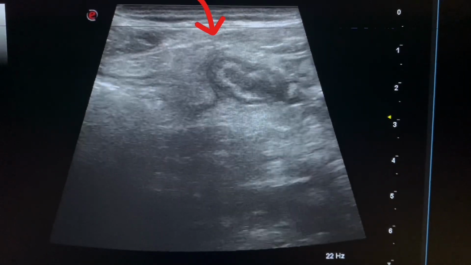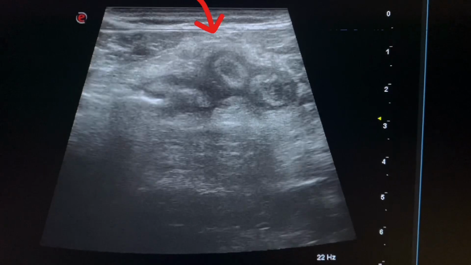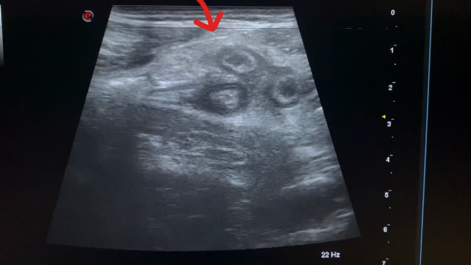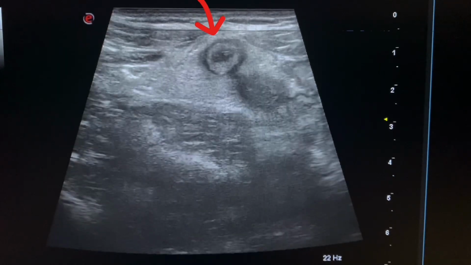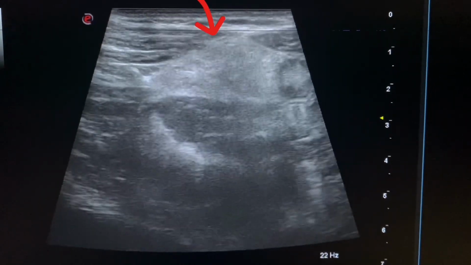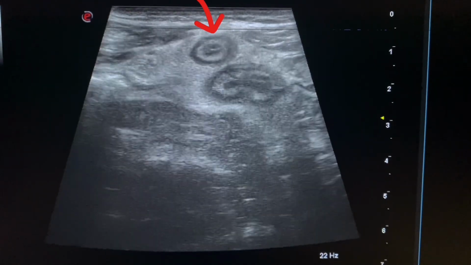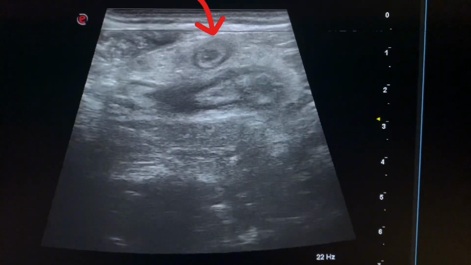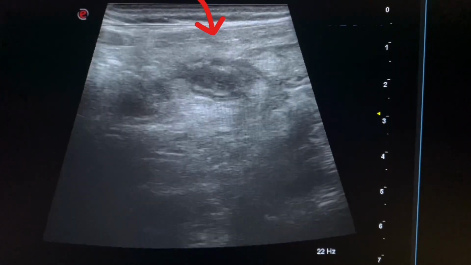The surrounding tissue of these two lumens is echogenic and edematous, or inflamed. In these two lumens we will appreciate the part of the distal ileum and the appendix.